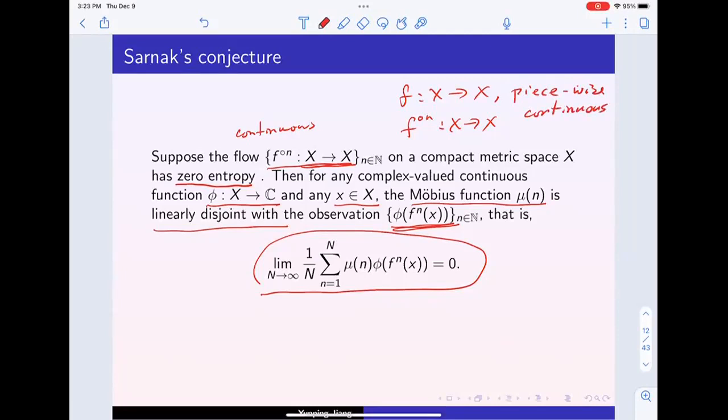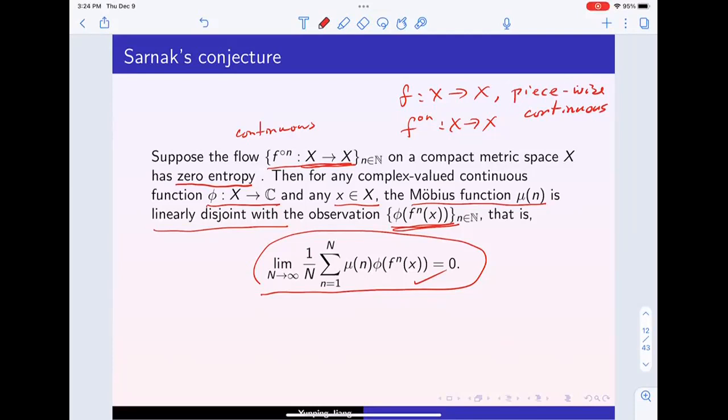So X is a compact metric space, F is a piecewise continuous function, and you want this to happen. Or you can assume F is smooth, it doesn't matter. Okay. Any more questions?